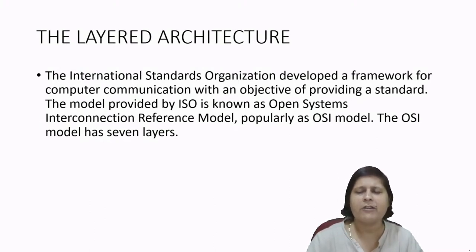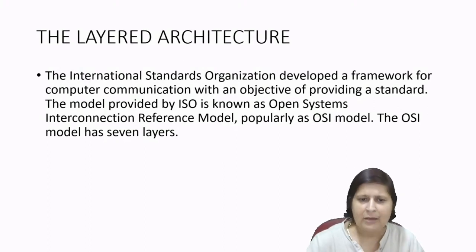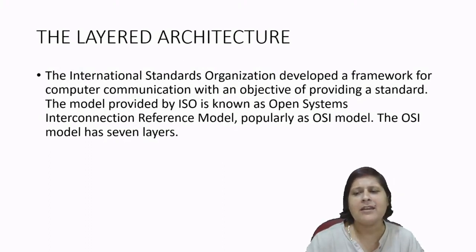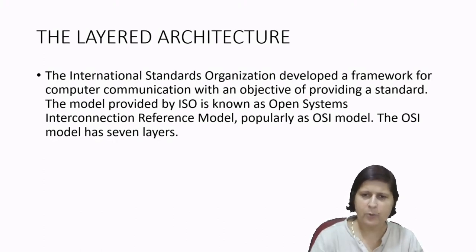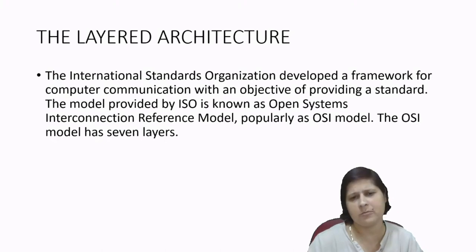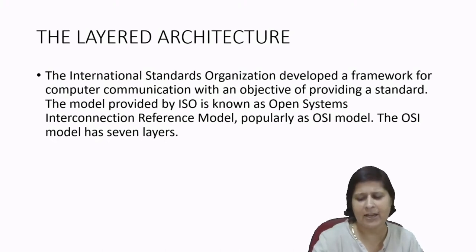So ISO developed a framework for computer communication with the objective of providing a standard. The model provided by ISO is known as OSI, the Open System Interconnection Reference Model, right? It has 7 layers.